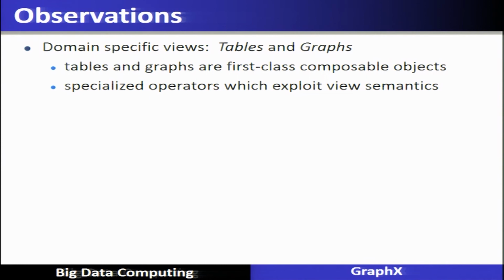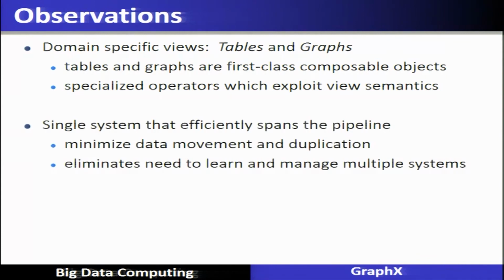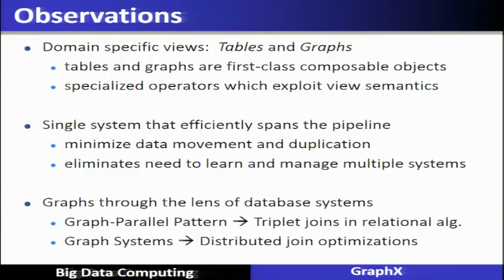We have already covered the specific views of tables and graphs. Tables and graphs are composable objects, and specialized operators can exploit these semantics, and we can also build a single pipeline which minimizes data movement and therefore increases efficiency.